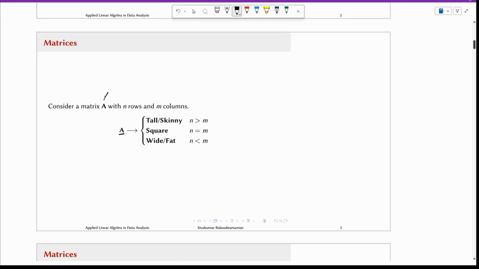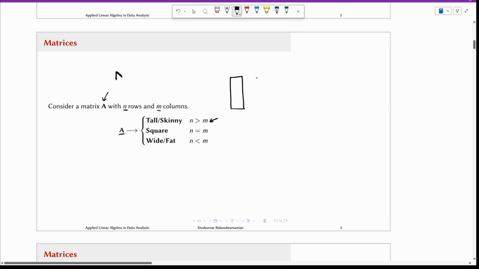Okay, again, I repeat myself. We will use capital letters and bold font to represent matrices. Whenever you see a capital letter in bold font, it means it's a matrix in this course. Now, if a matrix has n rows and m columns, we say that the matrix A is a skinny or tall matrix if the number of rows is more than the number of columns, that is n greater than m. Then the matrix is like this.